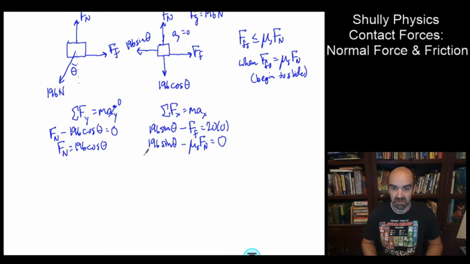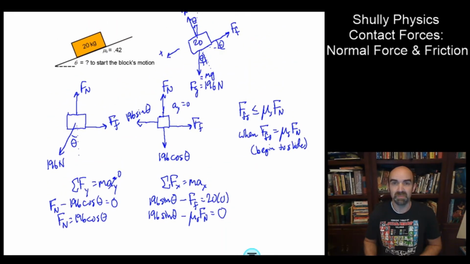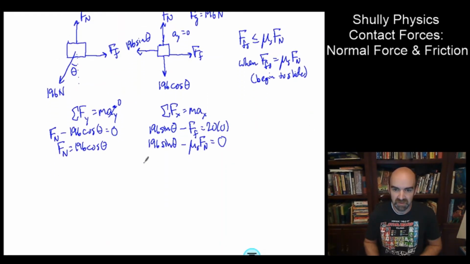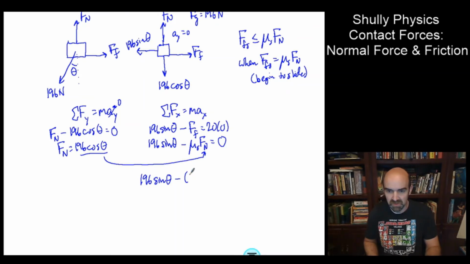So, okay, what do we got here? We've got everything involved. We've got a theta, a normal force, we'll be able to plug it in over here. We've got the mu s is 0.42, so I think we're ready to solve this. If we take this and plug it in over here, let's see what happens. We're going to end up with 196 sine theta minus 0.42. You know what? I'm just going to leave it as mu for now.